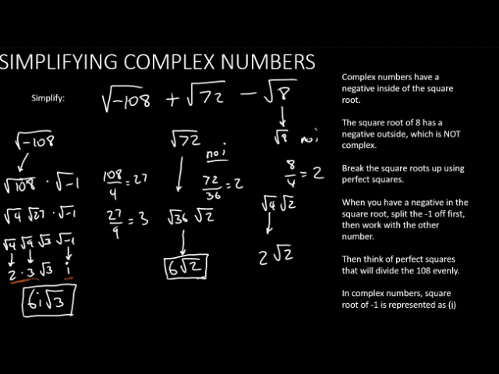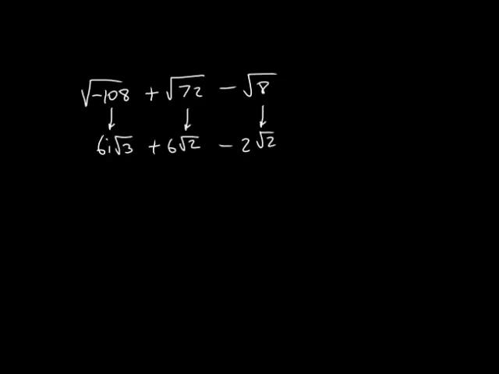Now let's combine together what we can using these terms. Any terms that have the same square root and the same letters, we can combine. Let's have a look at our roots first.